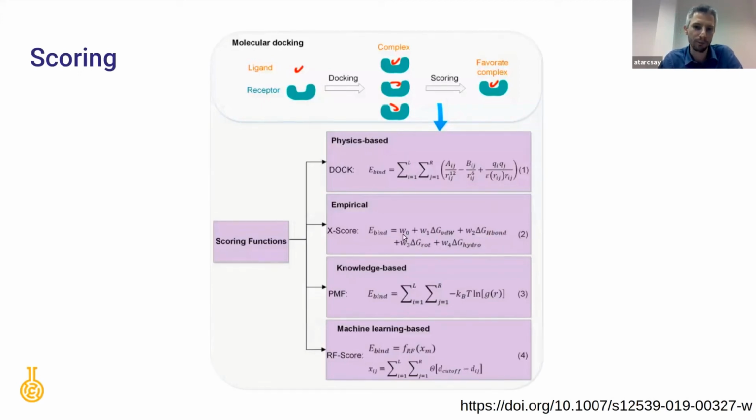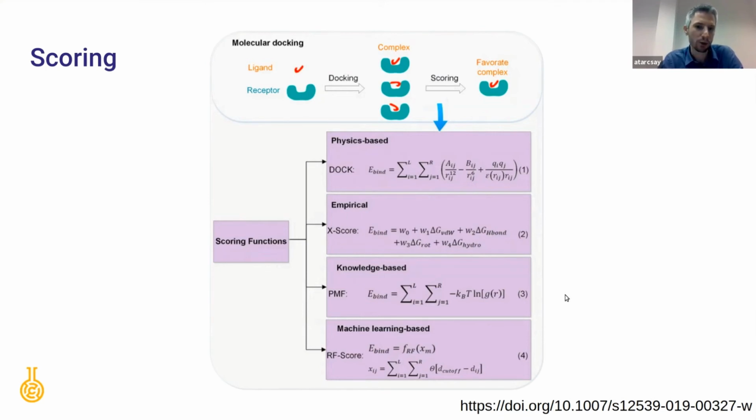So it has a bias, or an intercept, and these interactions are also based on distance and angle in the docked pose and gives the score.